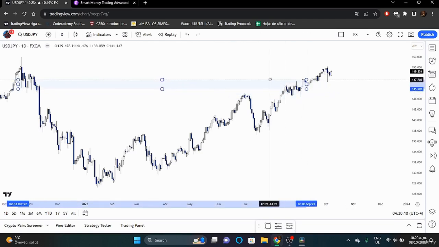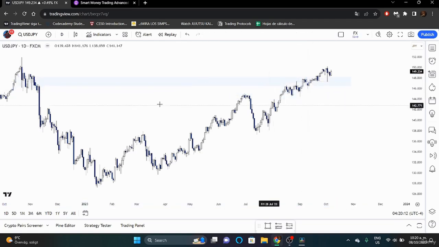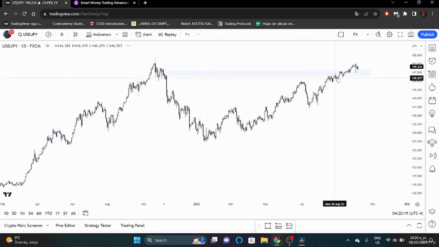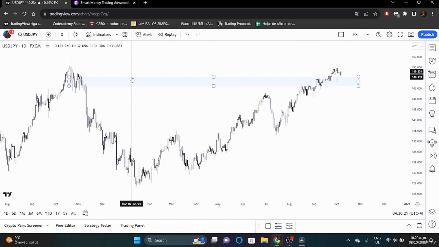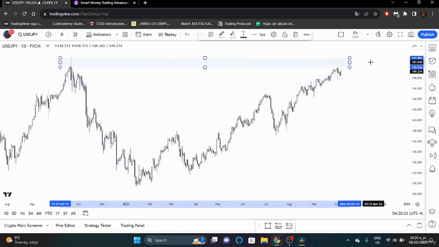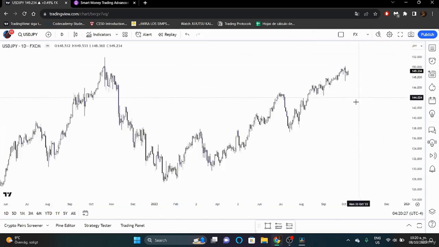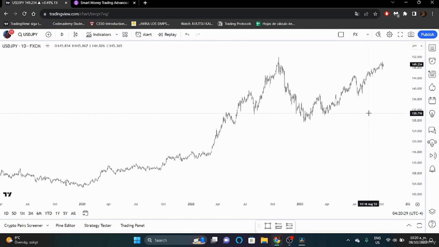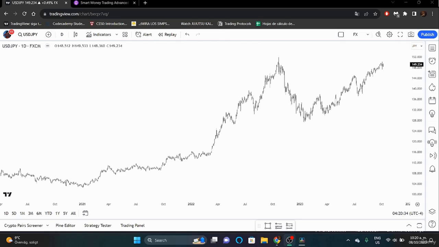And where's the other accumulation? Right here. This was a reversal accumulation. We accumulate over here again. This is the last, in my opinion. And I will take these stops. We reverse for going lower. Okay? That's market maker buy or sell models.